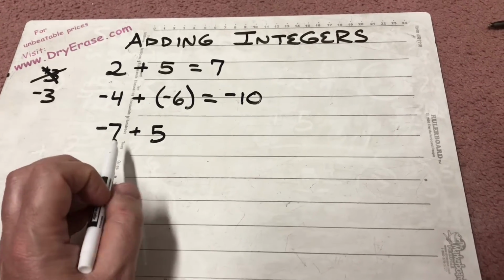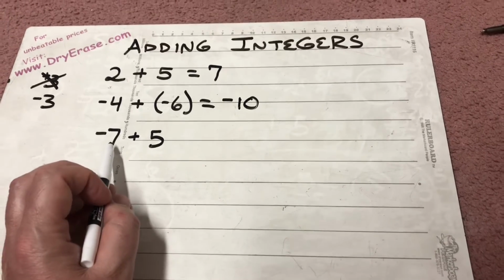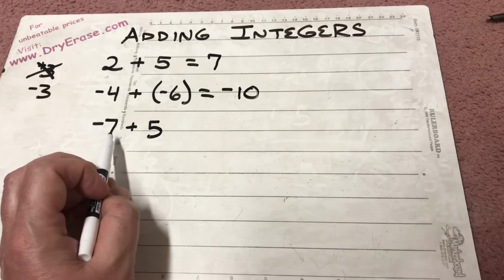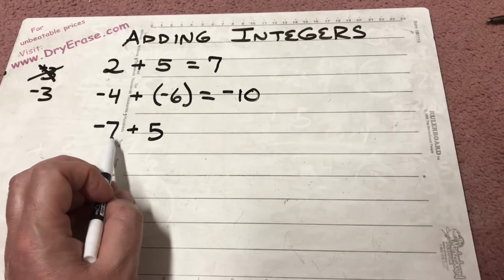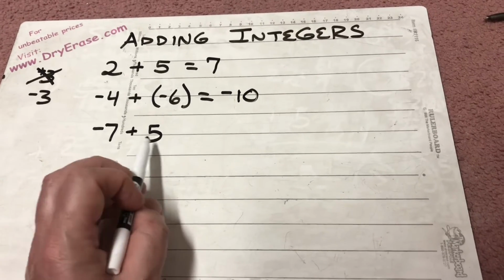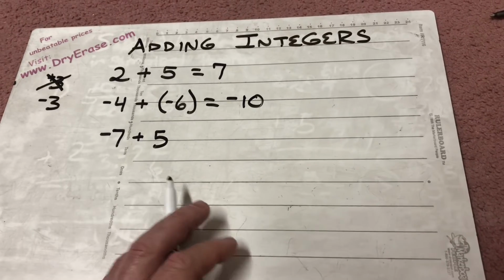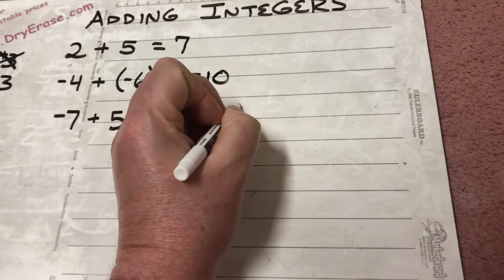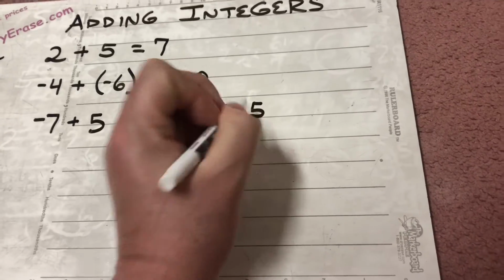So here's a situation. The first digit is negative, the second digit is positive, but the first digit is actually larger, as we think of 7 being larger than 5. What I do in this situation is I think 7 minus 5.